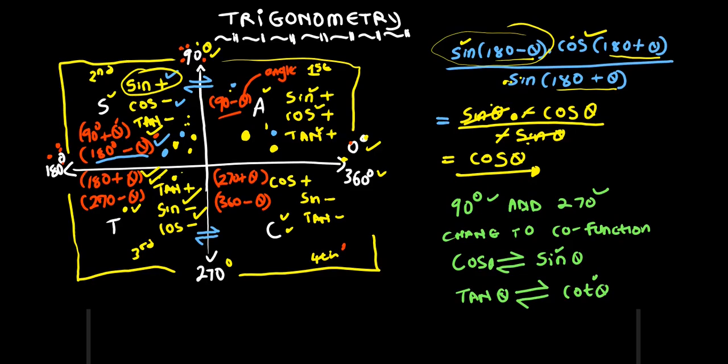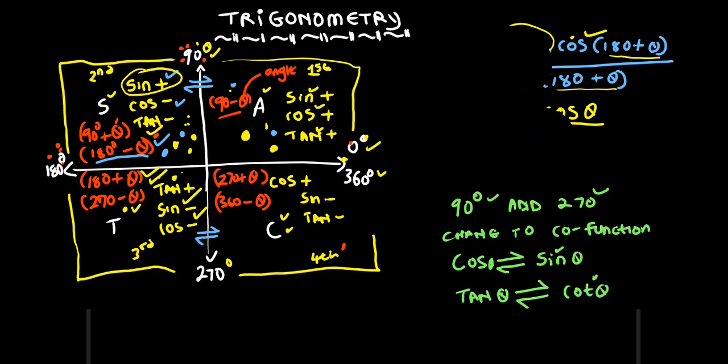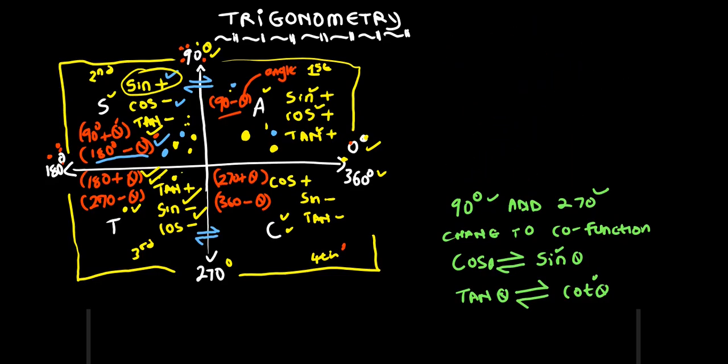Let's do an example. Let me erase this top part. Let me use a red pen. Let's say we want to calculate cos of 90 plus theta. If we want to calculate this, what are we going to say?